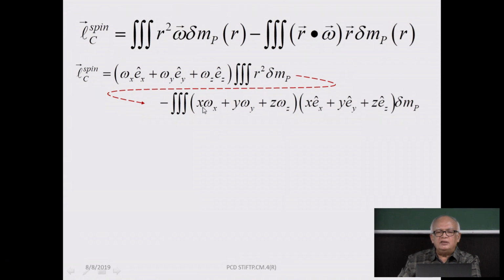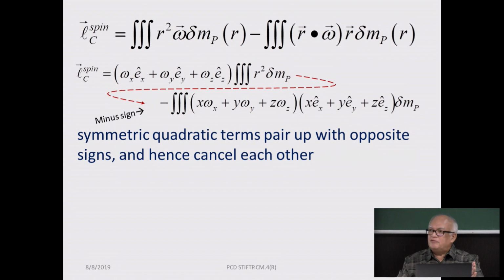And notice that you will get a quadratic term because this x times this x will give you x square times omega x in the direction of Ex from the first term, right? And you have a corresponding term x square times omega x Ex from here. But this comes with a minus sign. And the same thing will happen with the corresponding y and z components. So the quadratic terms in the second term cancel the corresponding terms in the first. Okay? And then you are left with the remaining terms.